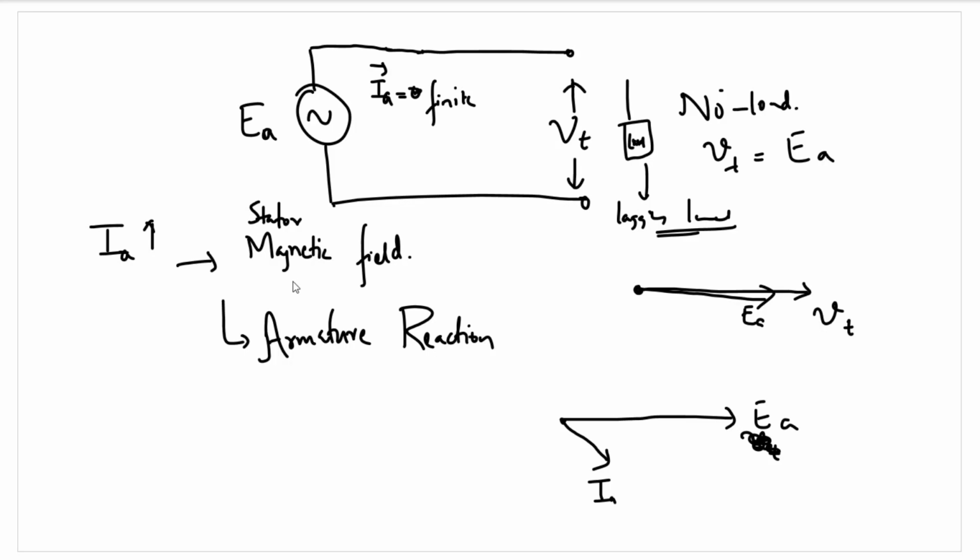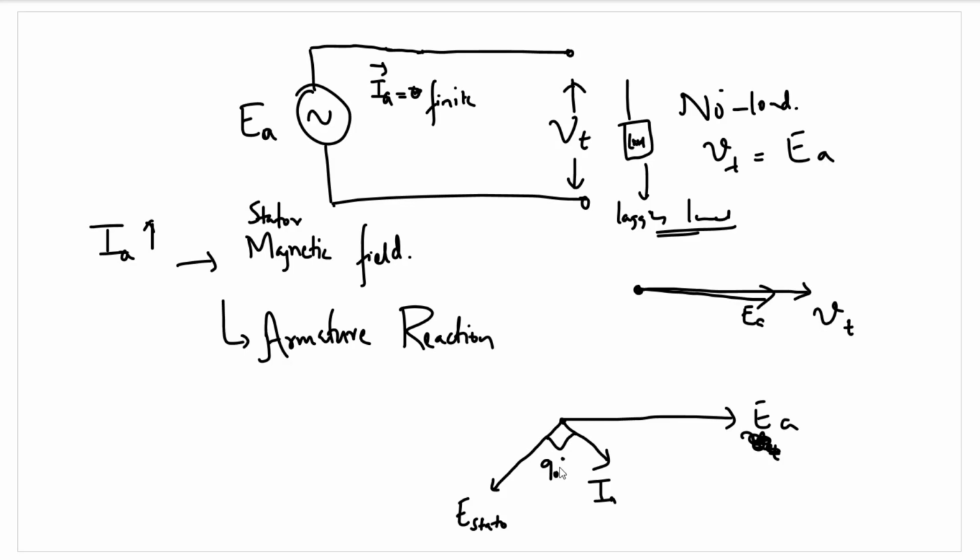That stator magnetic field will also induce a voltage in the armature. That voltage is actually opposing the actual induced voltage because of the rotor magnetic field. Now if I represent that voltage by E stator magnetic field, the nature of that voltage will be that it will be lagging behind the current Ia by 90 degrees.